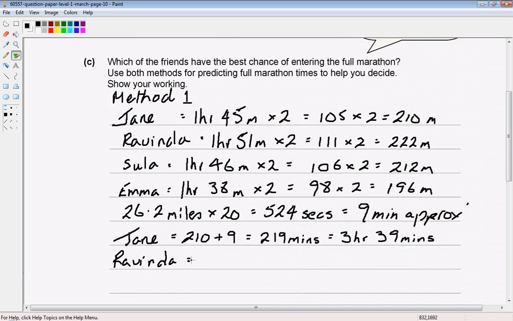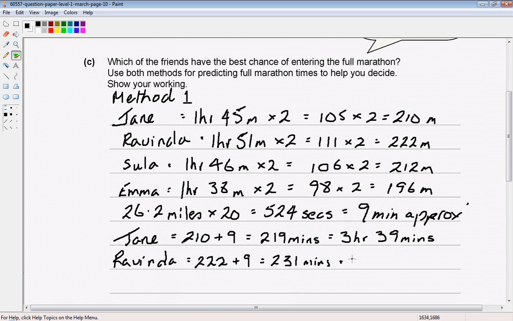Now we just do the same for the others. So Ravinda would be 222 minutes, and again she's still going to run the 26 miles, so that would add 9 minutes, so we would get 231 minutes.